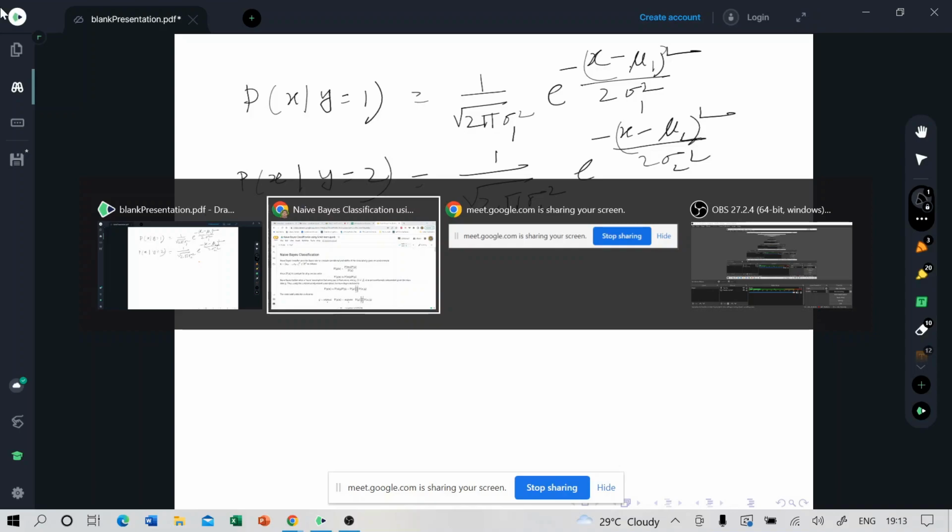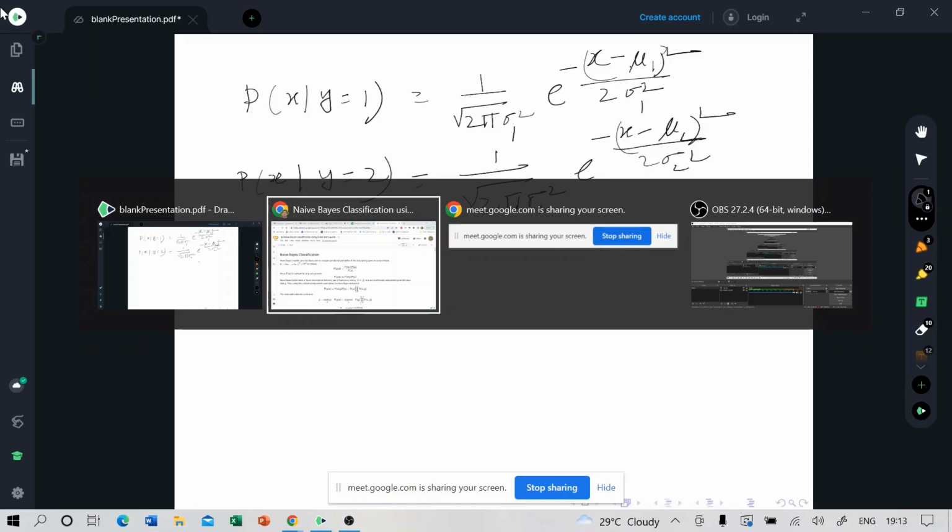In that case, each of these features x1 to xd minus 1 will be a univariate normal distribution with some parameters mu yd and sigma yd. So each of these features will be univariate.